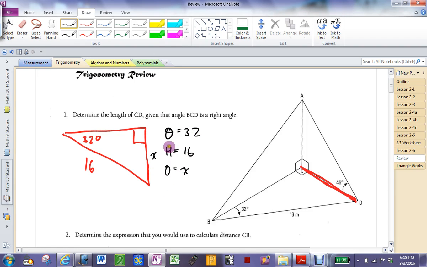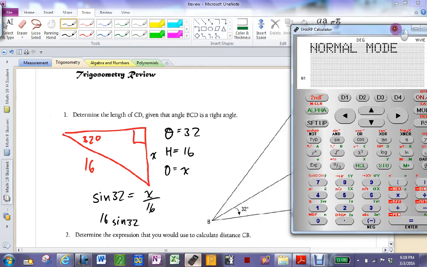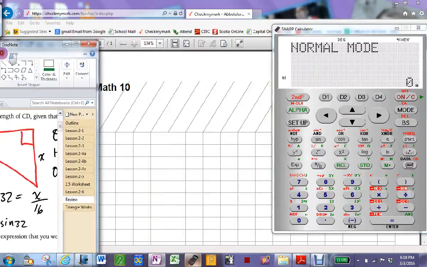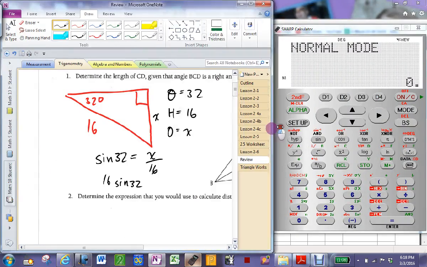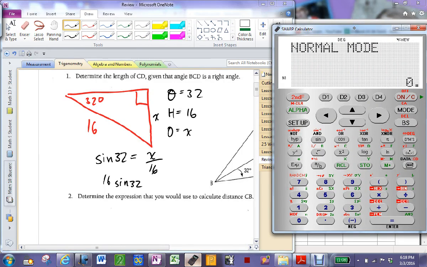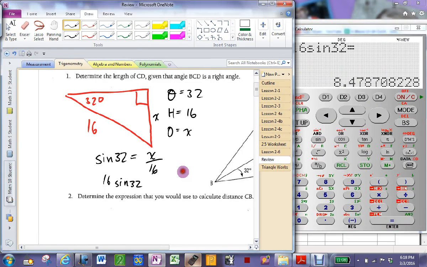So that is sine 32 equals opposite x over 16. So 16 sine 32. I'll get my calculator out here. 16 sine 32 is 8.5.